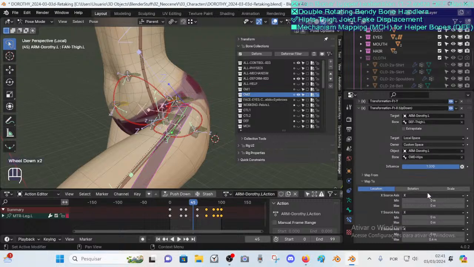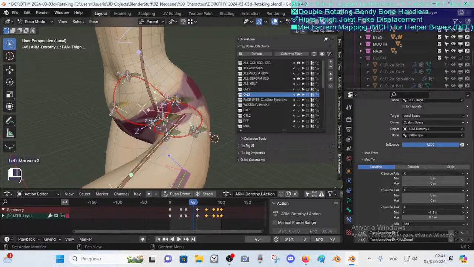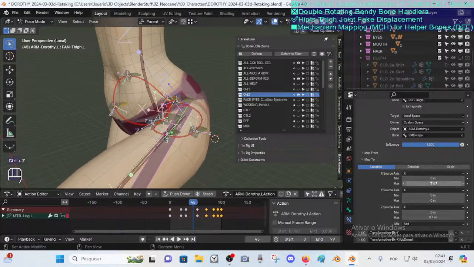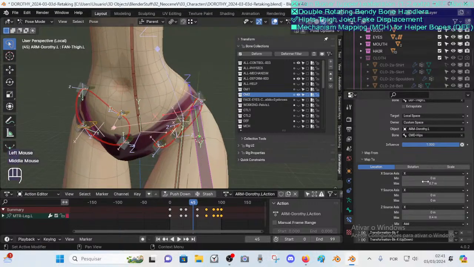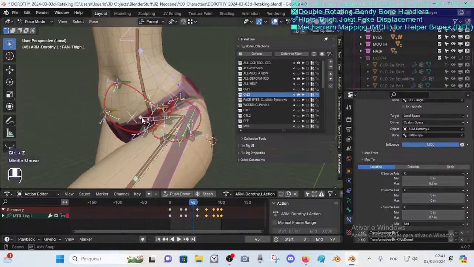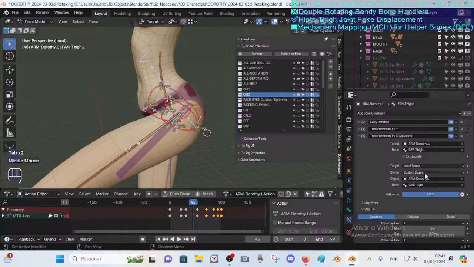And then x-axis, same thing. So you see, this gives regularity to the rig even if I didn't have it from the start here. So custom space I used here only for the owner bone.